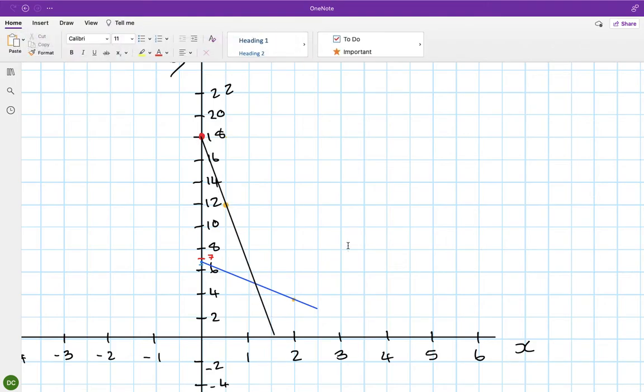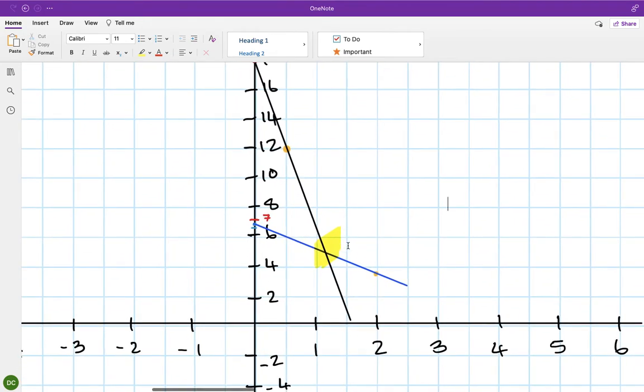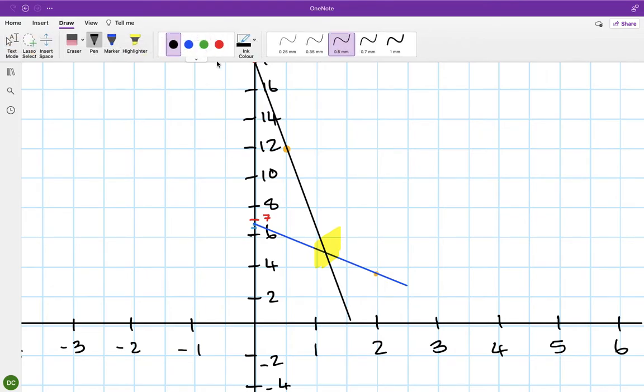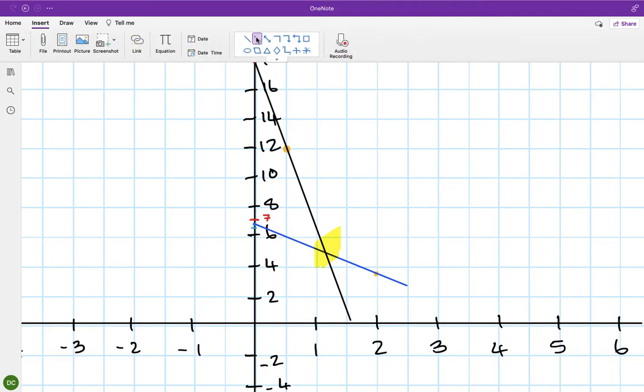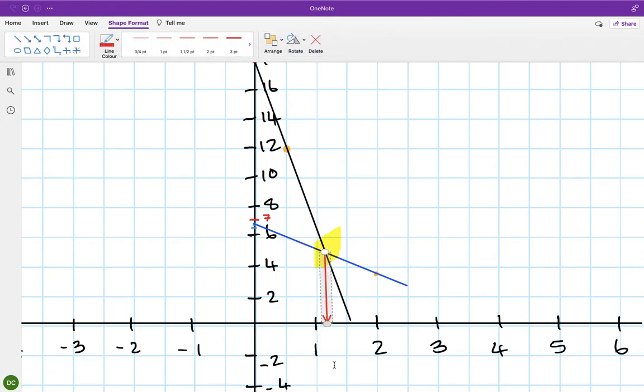Yeah? Right. So my key point is down here. Obviously, I'm just focusing on where they cross over. So this is where the algebra is going to help. I might actually do it with, let's go with red. Insert and go with an arrow. So I'm going to try and line this up and just kind of point at where I'm supposed to be. Looks about right.